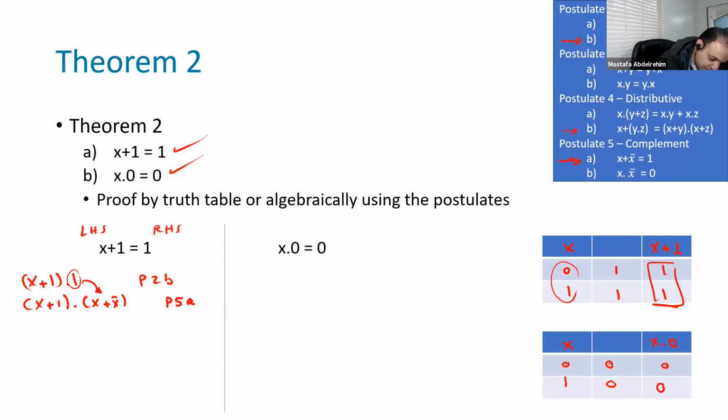So we have here x, the common factor, and 1 is analogous to y, and x bar is analogous to z. Basically this can be simplified to x or 1 dot x bar.